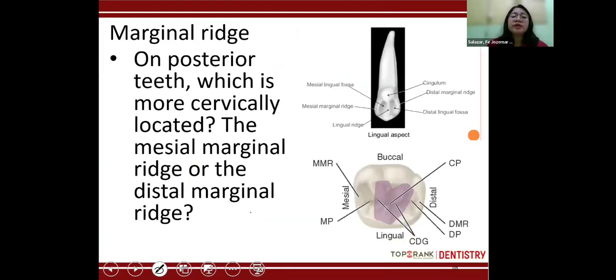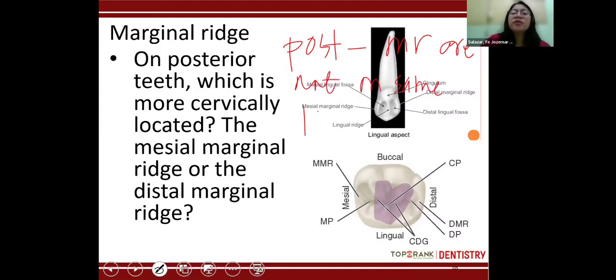Now, on posterior teeth, which is more cervically located? The mesial marginal ridge or the distal marginal ridge? Yeah, sabi ko nga, on posteriors, marginal ridges are not at the same level. Not on the same level. Yung isa mas mababa, okay? If you're going to use yung mga layman's term, yung isa mas mababa, yung isa mas mataas.